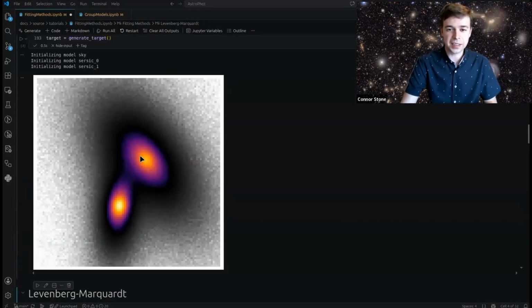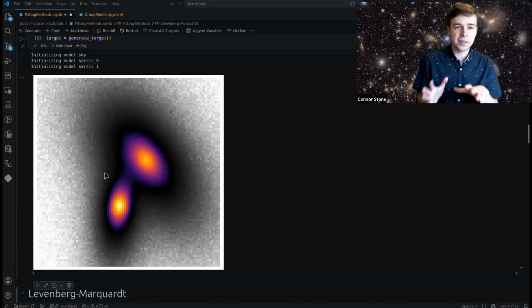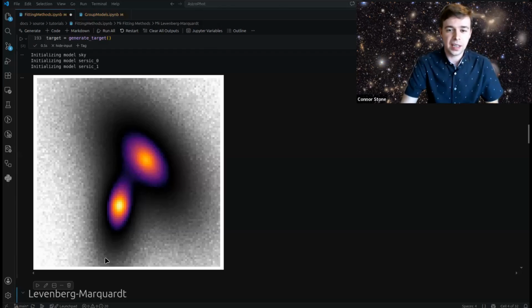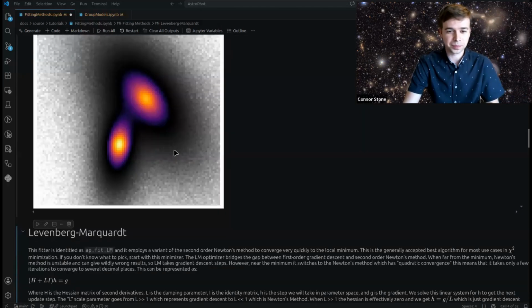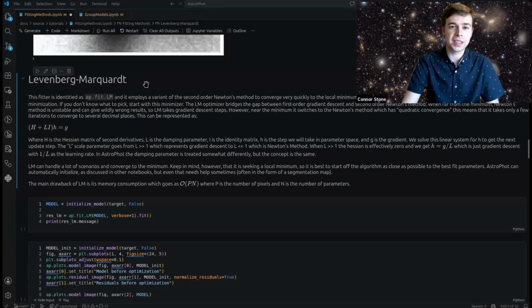So it's two galaxies with a bit of noise in the image. The point of this is just to create some data where we know what the ground truth values are. So this is two Sersic models that are relatively close to each other. And since we know what the true values are, we can see how well the different fitting algorithms are doing. The first one is Levenberg-Marquardt.